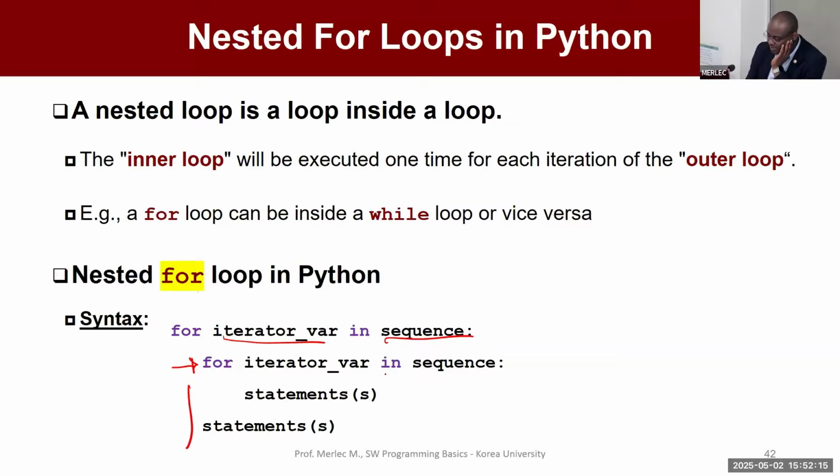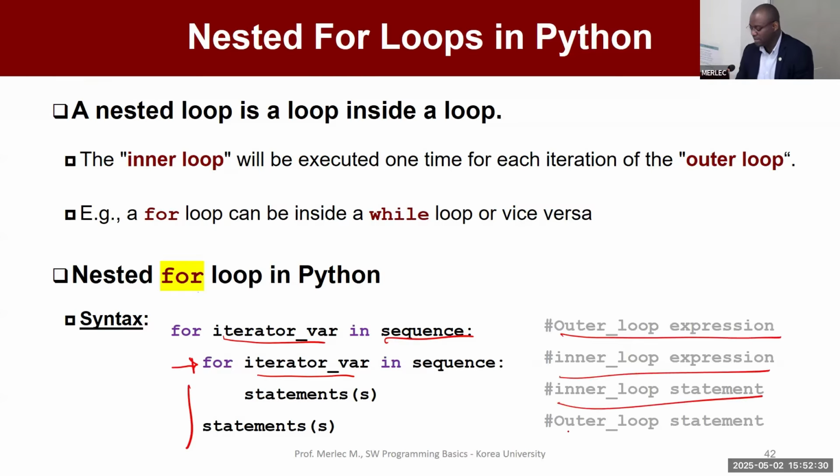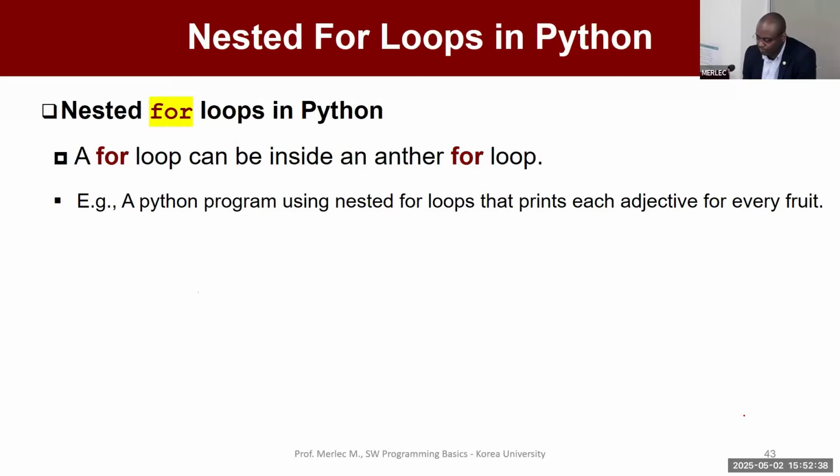It's also a full loop statement with its own iterator variable with the same approach. So we have the outside loop, and then the inner loop statement, and then the outer loop statement. This is the syntax of a nested for loop.